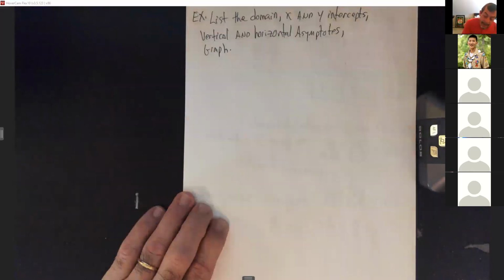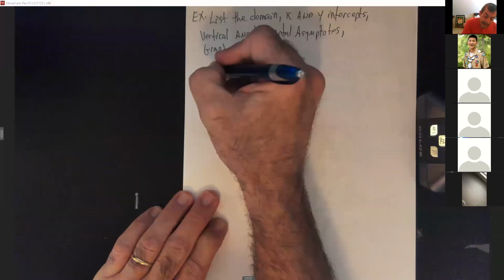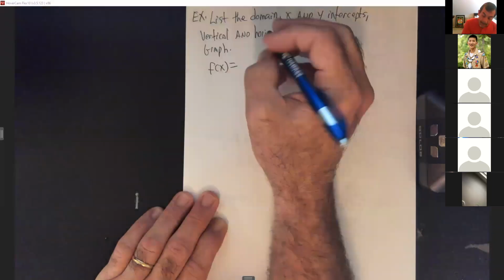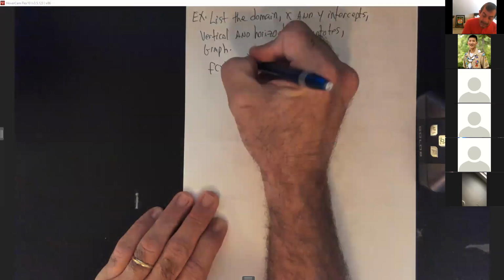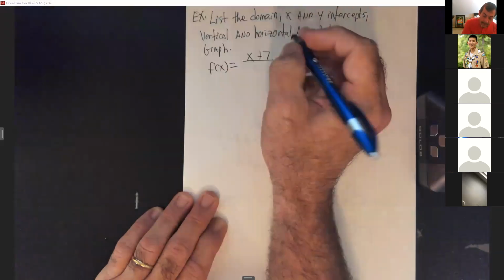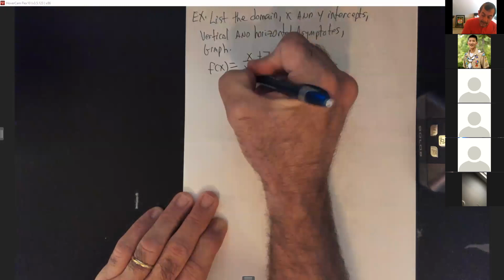They're giving us f of x equals x plus 7 over x squared minus 49.